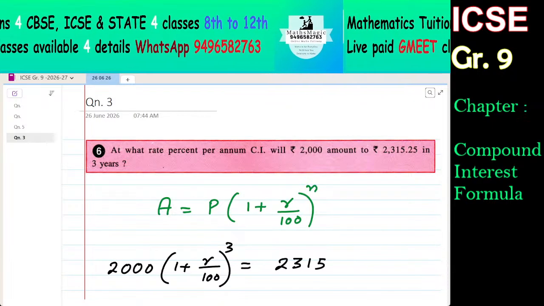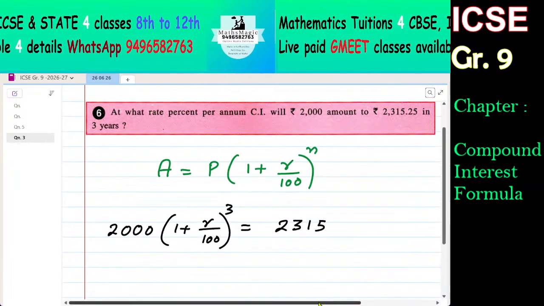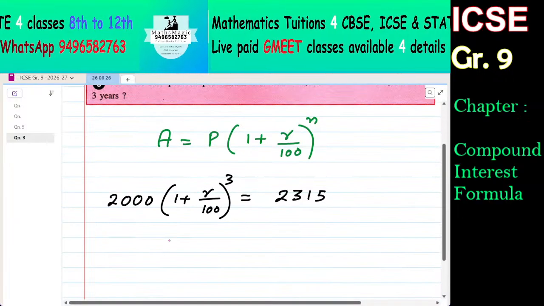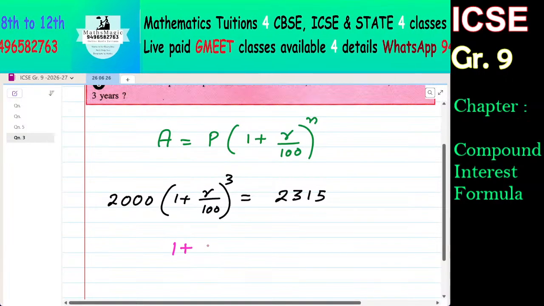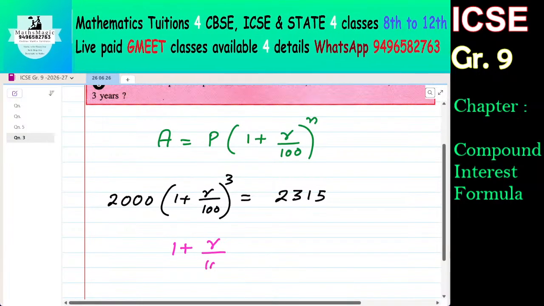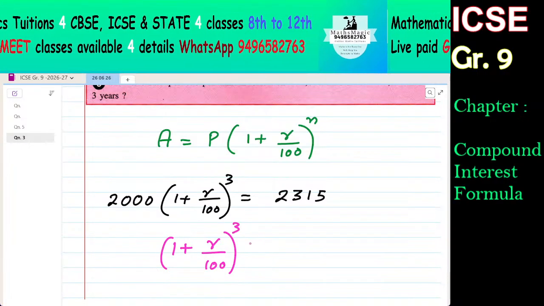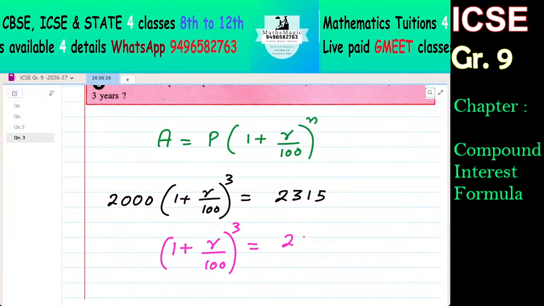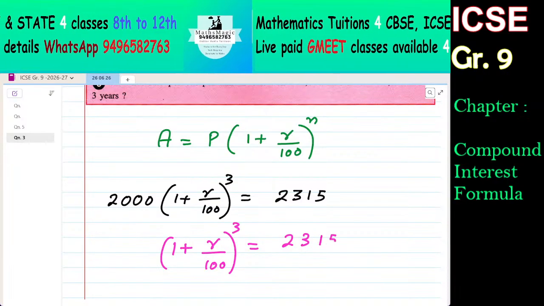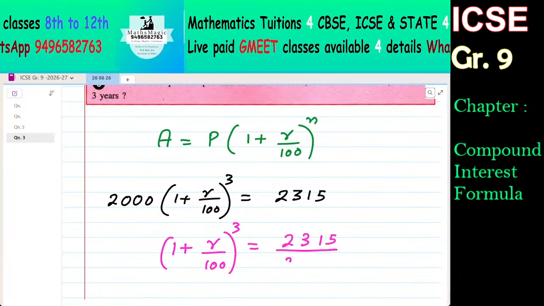Is that okay? Yeah. Now you will have (1 plus R by 100) the whole to the power 3 as 2315 divided by 2000.